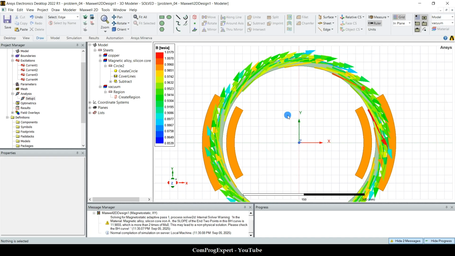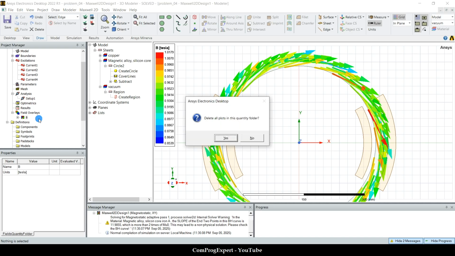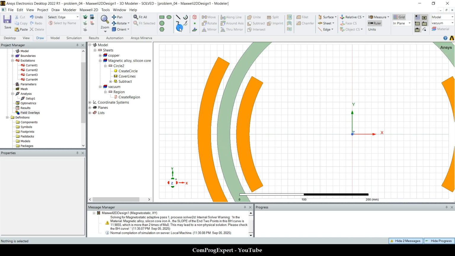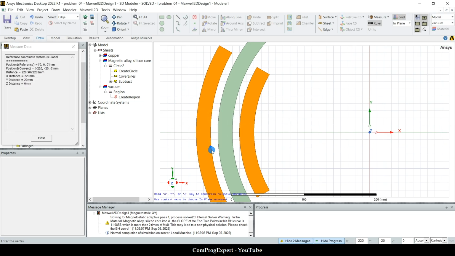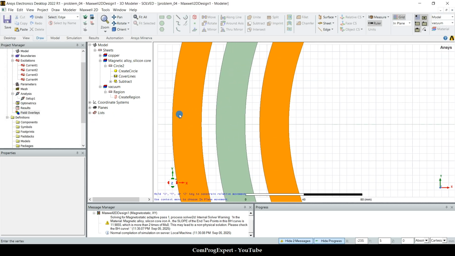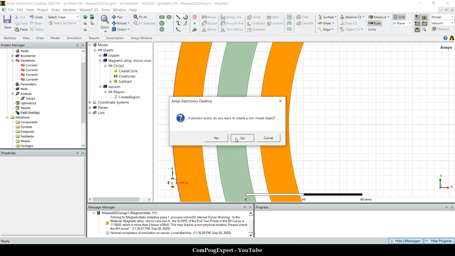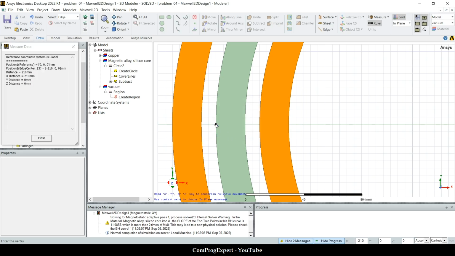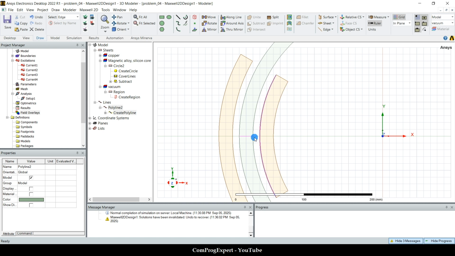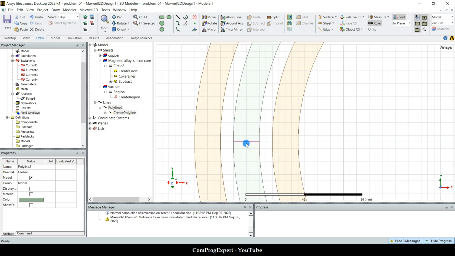So this graph is interesting, but we need to plot other graphs. I need to calculate the flux inside the core. So let's draw a line here, this line on the x-axis, and I want to calculate By and plot By along this line.